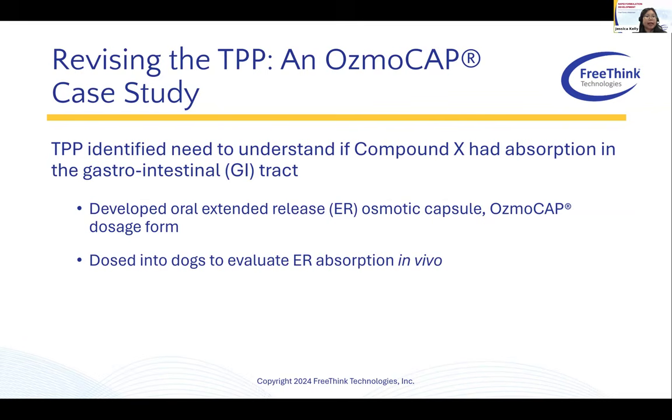And so we don't have any data to understand this yet. So to understand the absorption in the GI tract, we developed an oral extended release (ER) osmotic capsule, osmocap, dosage form, and we dosed into dogs to evaluate the ER absorption in vivo.